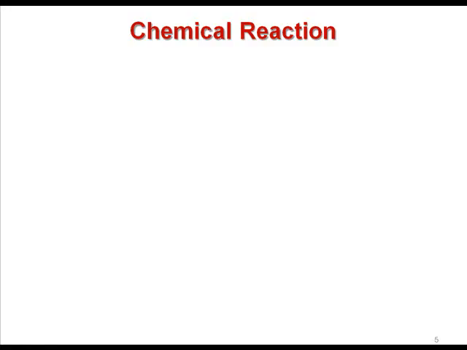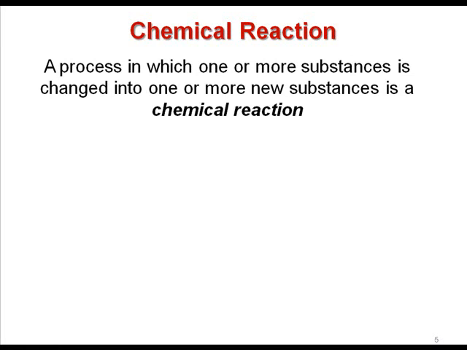So the chemical reaction, what is it? It's a process whereby one substance or another is changed into a new substance. That's a chemical reaction. It's important to keep straight that you do not change one kind of atom into another. Rather, you are causing a rearrangement of atoms that make up the molecules or compounds to produce new rearranged molecules or compounds.